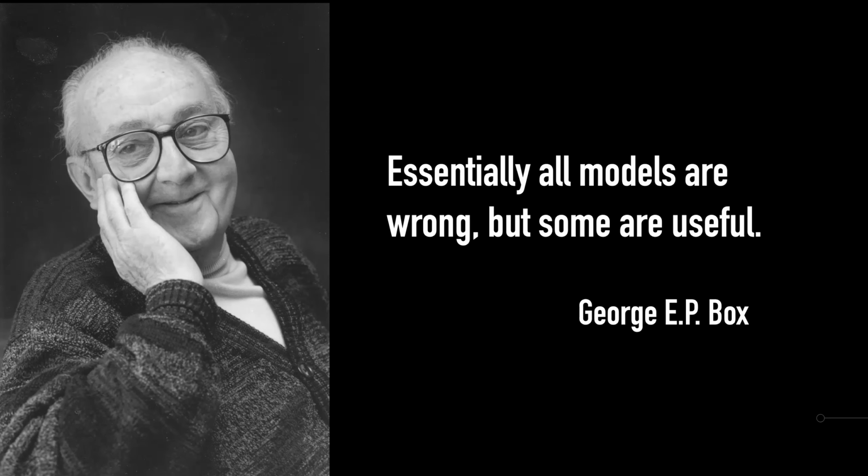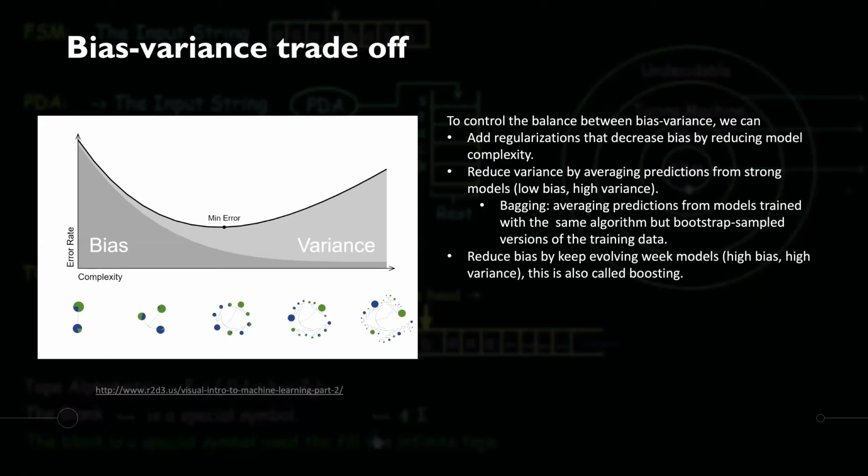To answer the question, let's first go back a little bit and take a look at the bias-variance trade-off diagram we discussed last time. Just a quick recap: for bias, you can think of it as the errors on the training data set, and variance means the errors on the test data set.